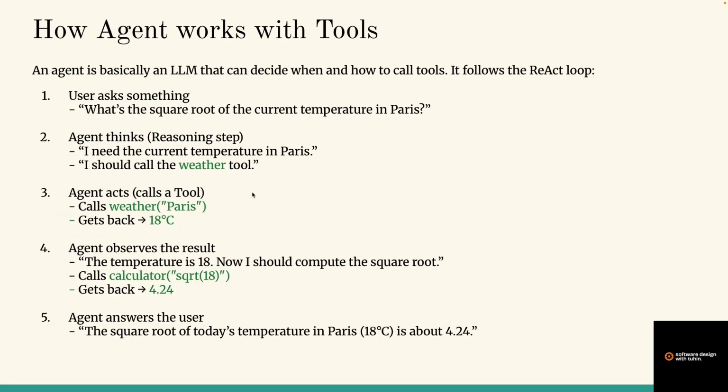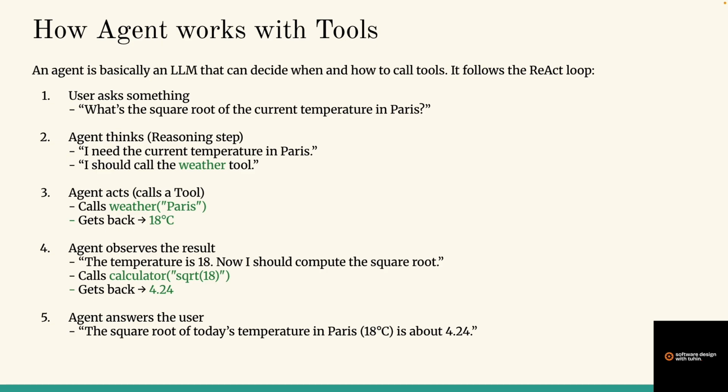So let's see how an agent works with tools. An agent is basically an LLM that can decide when and how to call tools, and follows the ReAct loop. So if a user asks, what is the square root of the current temperature in Paris? Then the agent thinks, I need the current temperature in Paris, so it calls the weather API or weather tool. That weather API might be called inside the weather tool.